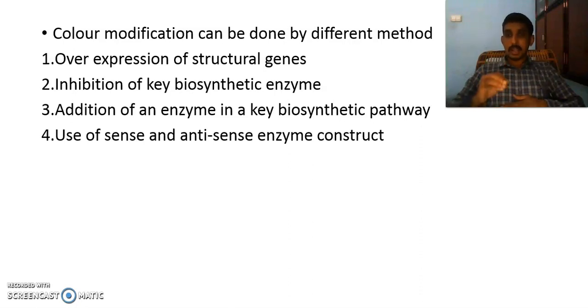So if I insert any kind of RNA to prevent the mRNA of that enzyme production, that also leads to the inhibition of that enzyme, which gives a variable flower color. So these are all the methods of genetic modification in order to create transgenic plants having different or desirable flower color.